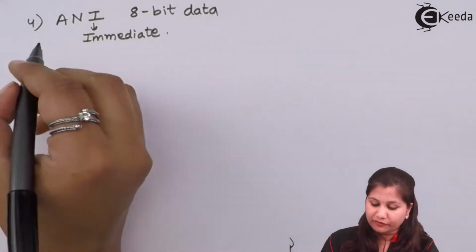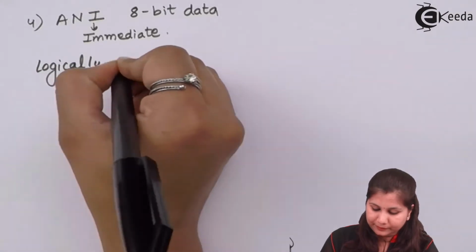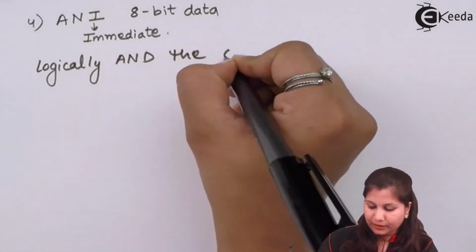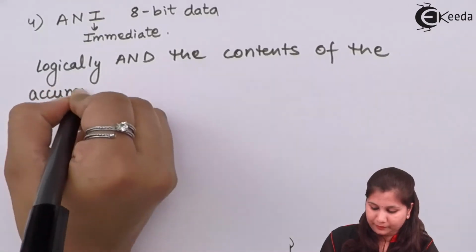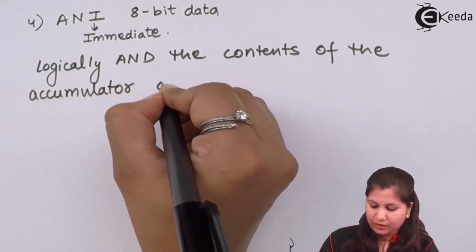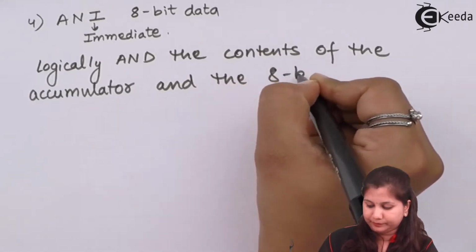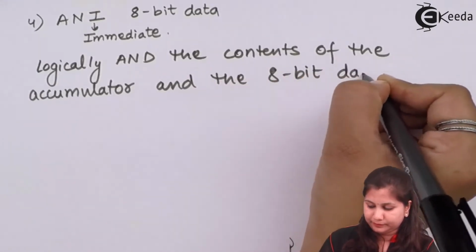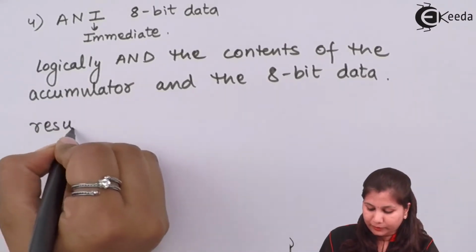So here we are logically ANDing the accumulator and the 8-bit data. Result is stored in the accumulator itself.